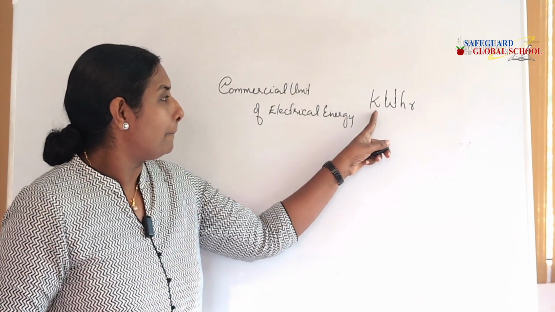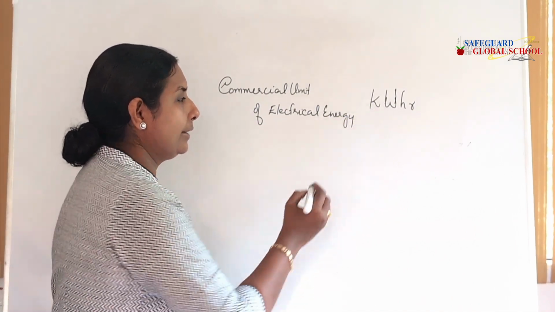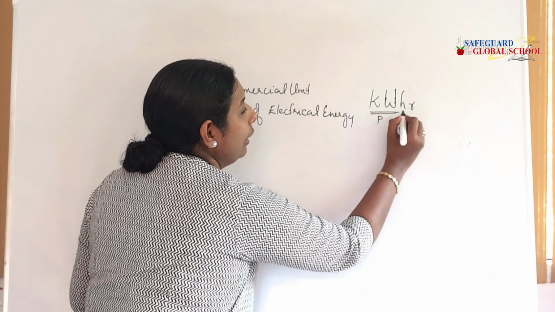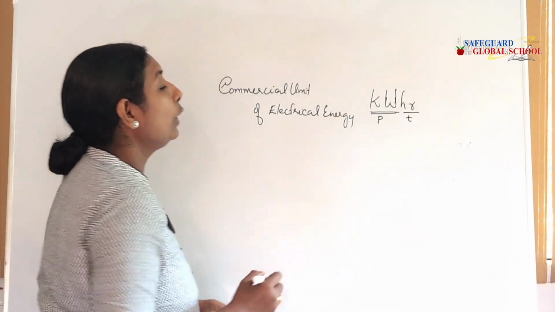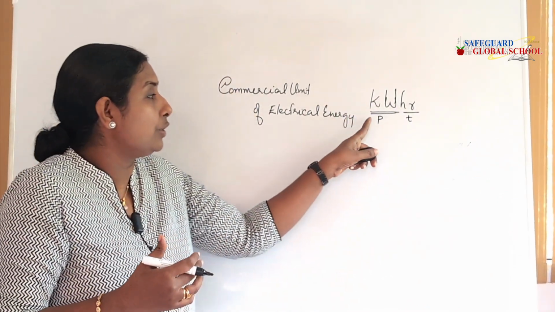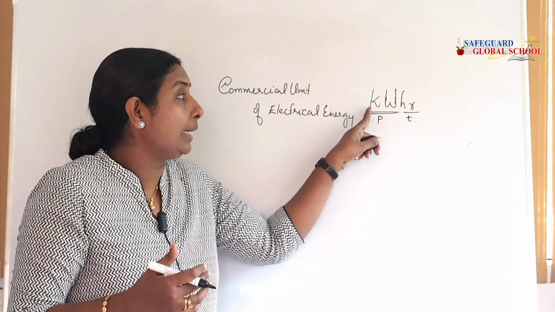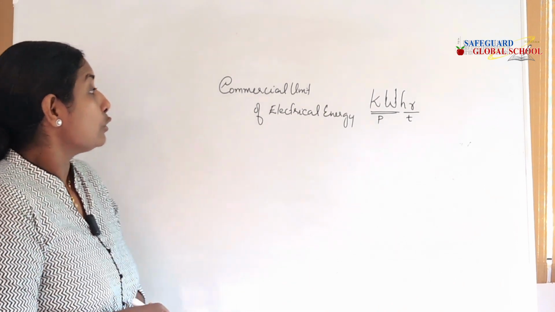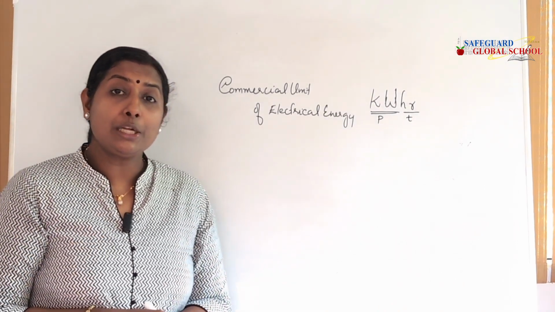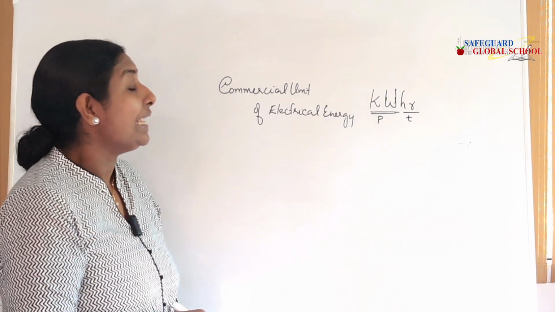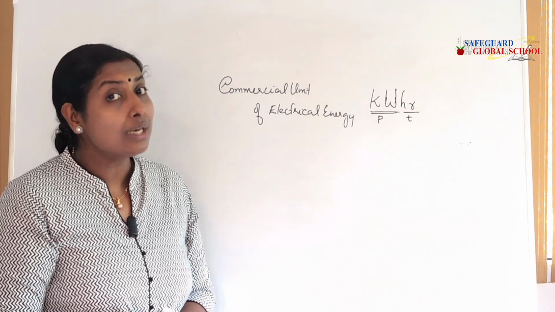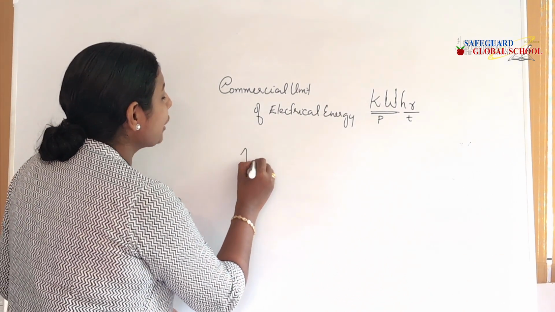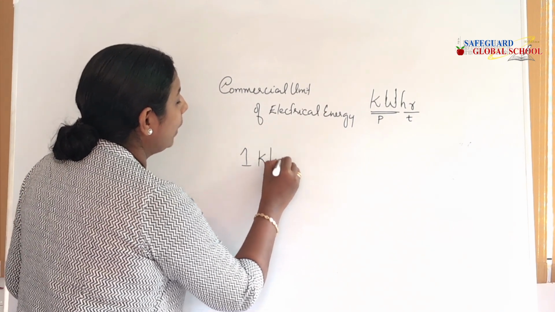So what do you mean by this kilowatt hour? Power. If you want to get energy, we have to multiply the unit of power with the unit of time. So in order to get a higher unit of energy, we are taking the power in kilowatt and we are taking the time in hour. So once again, what is the commercial unit of electrical energy? It is kilowatt hour. Somebody asks you, how much joule is one kilowatt hour?